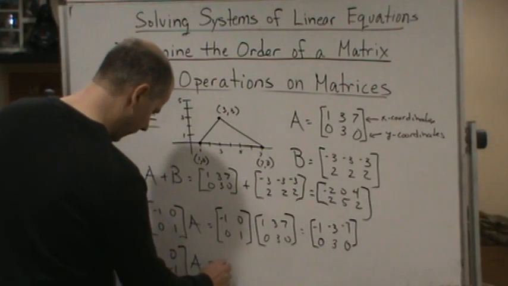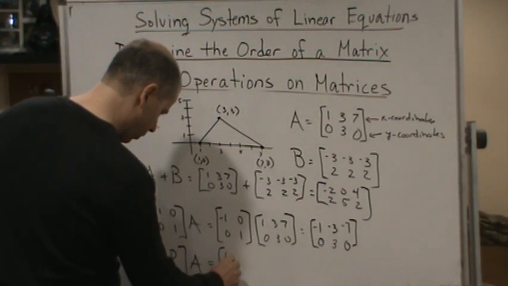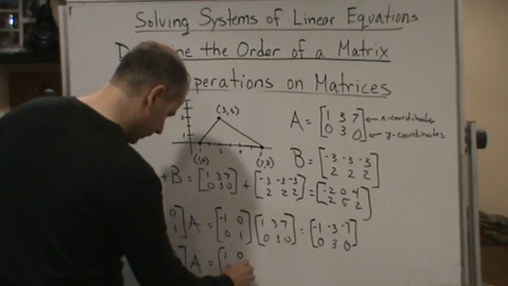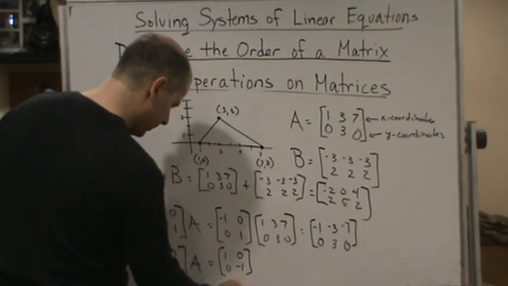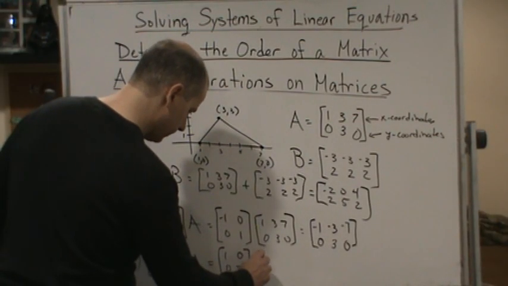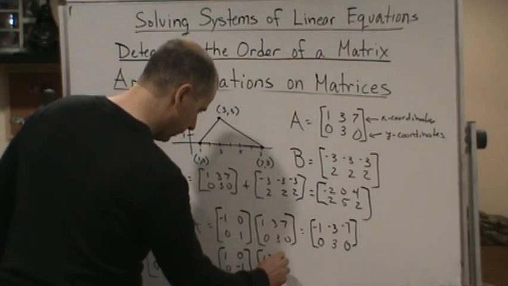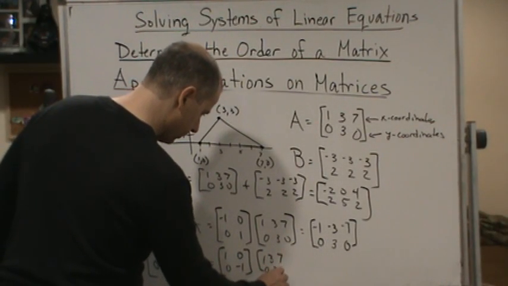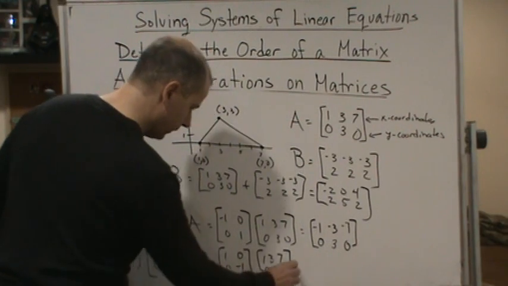But let's go through it. So 1, 0, 0, negative 1. So these are just reflections. Times 1, 3, 7, 0, 3, 0.